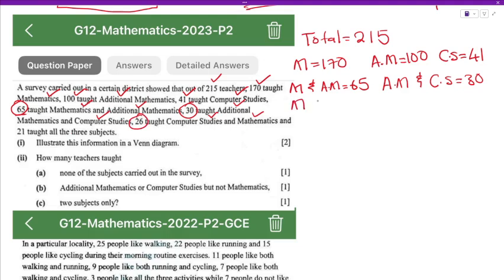So math and computer studies, they were 26. And 21 taught all three subjects. So all three, we're going to have 21. We're done collecting the information.